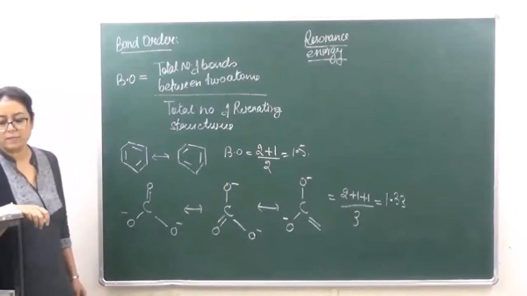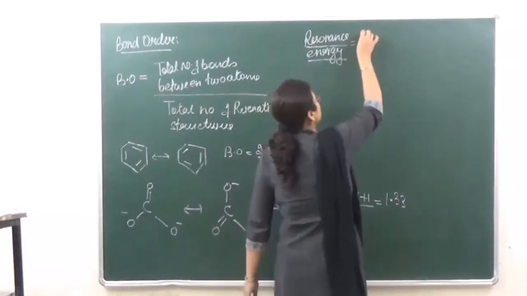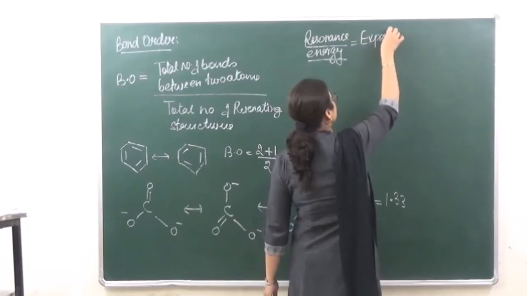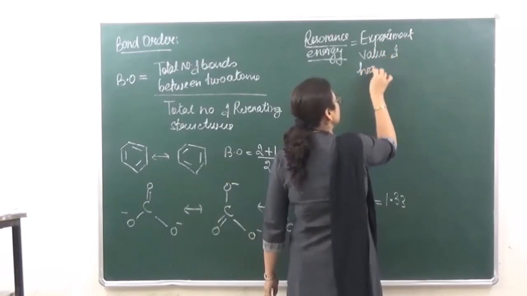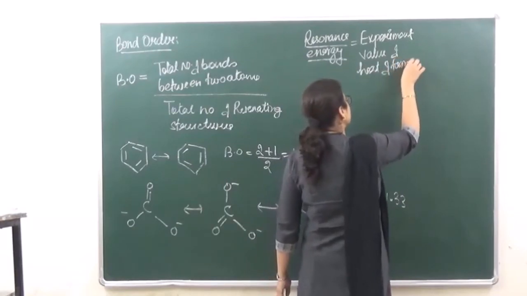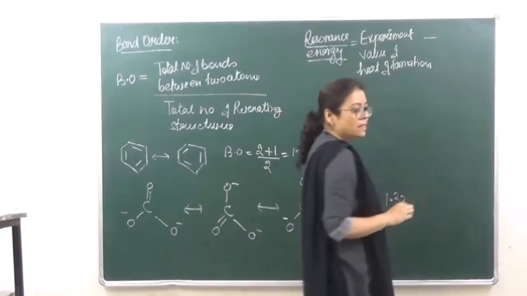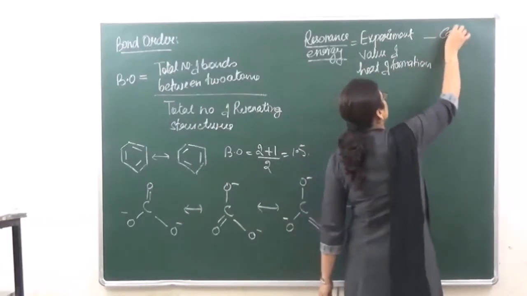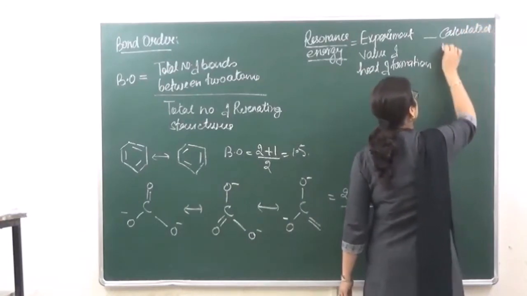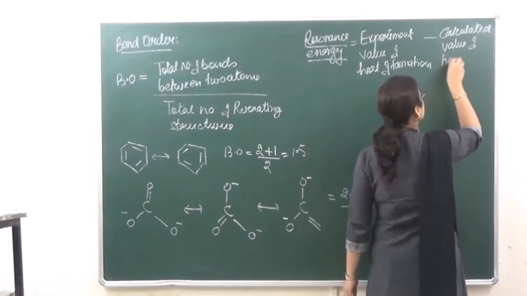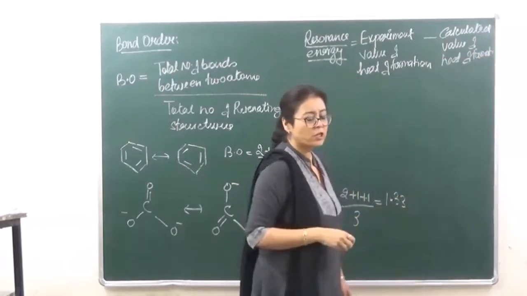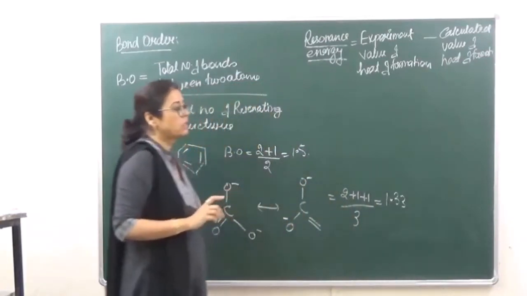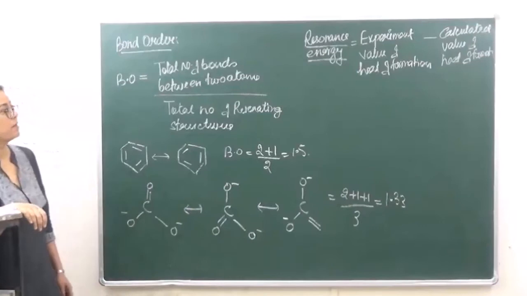Resonance energy is equal to the experimental value of heat of formation minus the calculated value of heat of formation of the most stable resonating structure. ठीक है, so we are going to take the difference between the two.